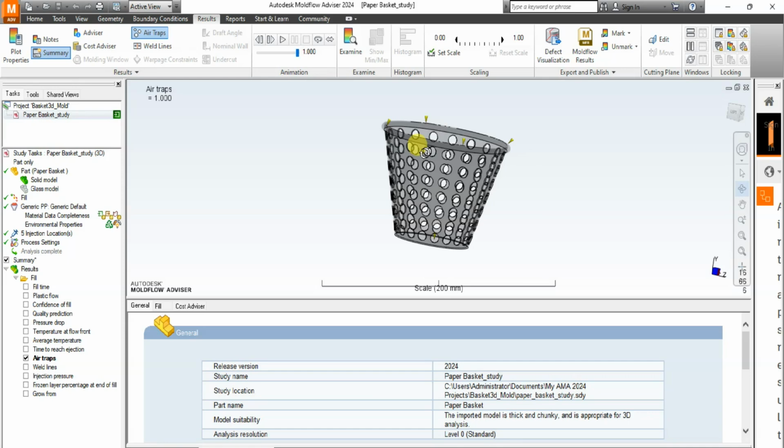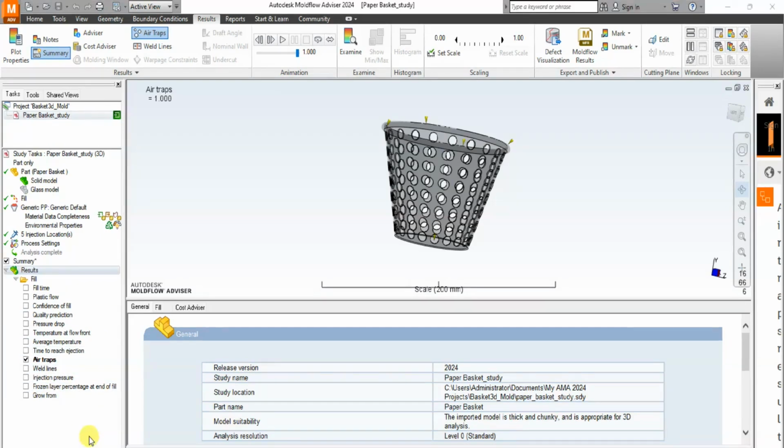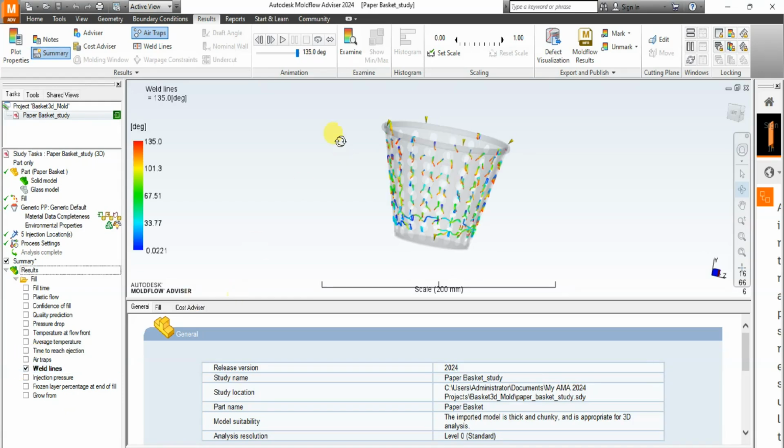So modifying injection locations is very, very key, and can also be of great use in the overall simulation result for any product, not just this one, but any. So the next thing we're going to be looking at now is the weld lines. From the air traps, let's now move to the weld lines.